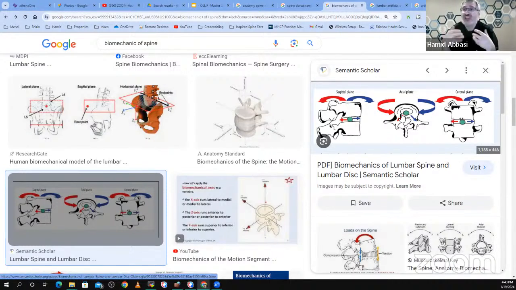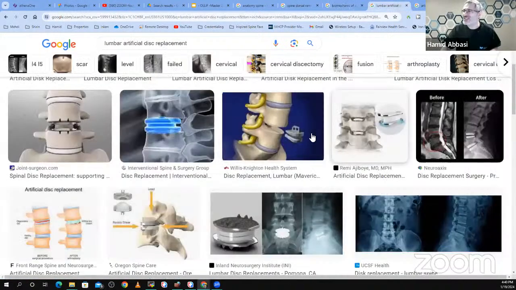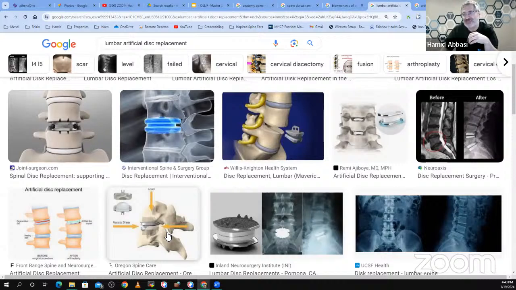It is more a shock absorber than a joint. Now, by putting something that has a fixed center of rotation, or one that is not very flexible, that puts a lot of stress on the facet, on the joint in the back.